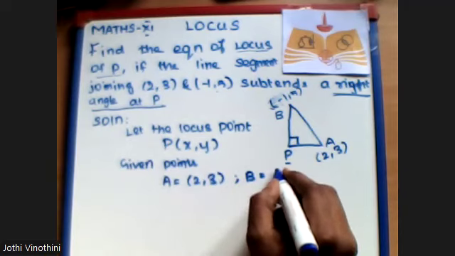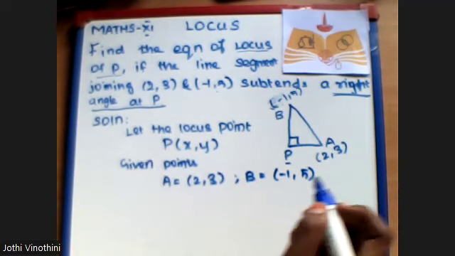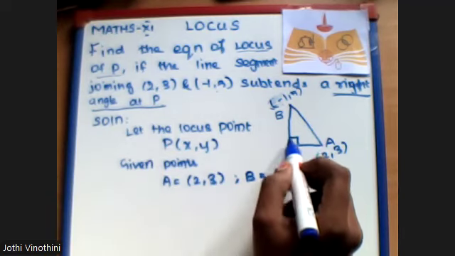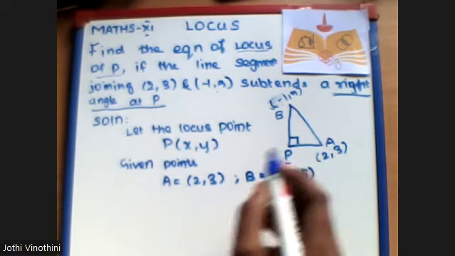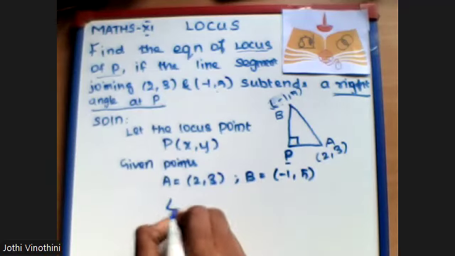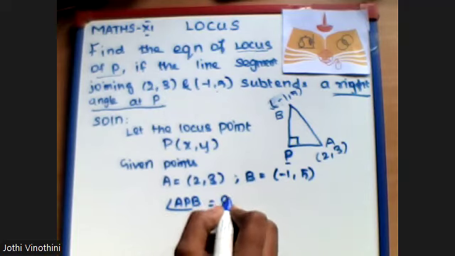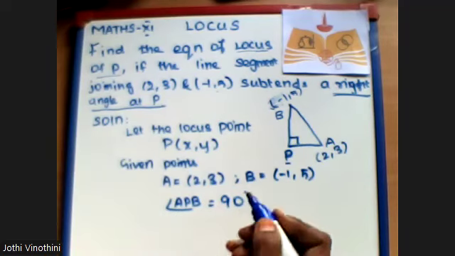B equals minus 1, 5. They given the angle at point P is 90 degree. So, angle APB equals 90 degree, right?